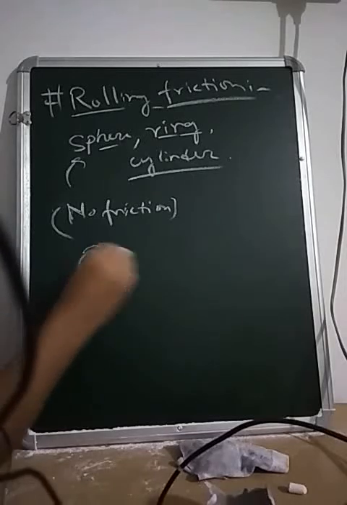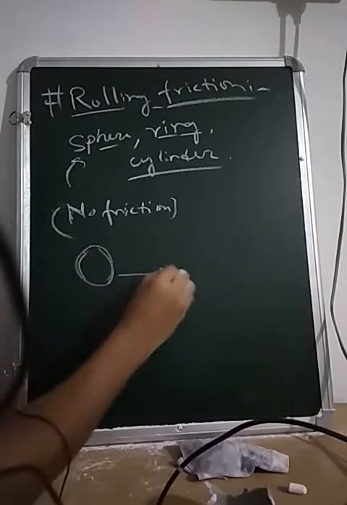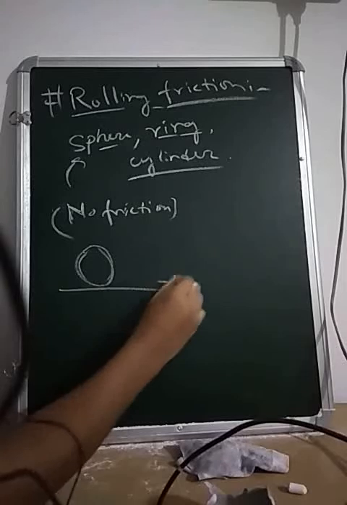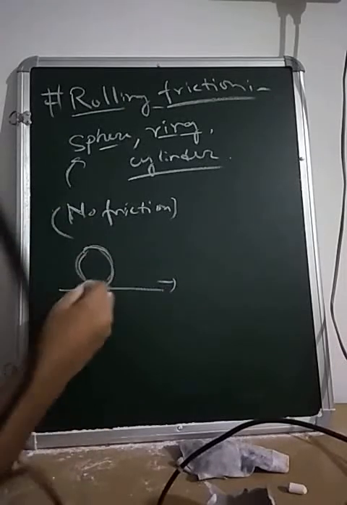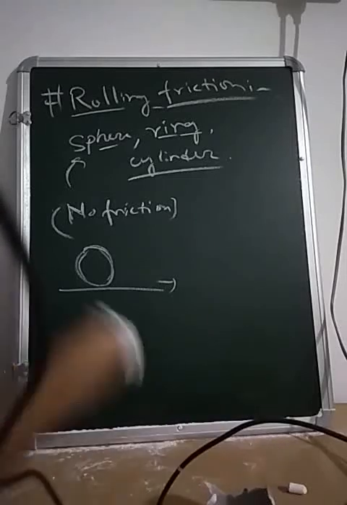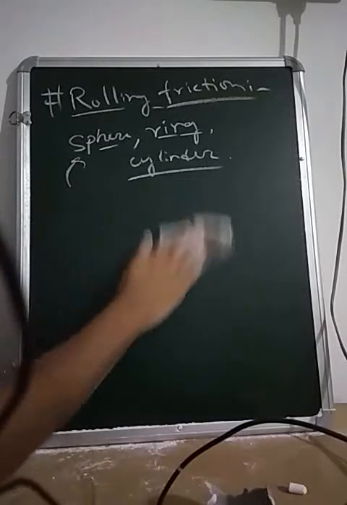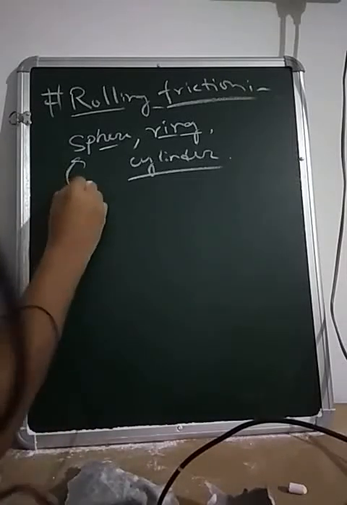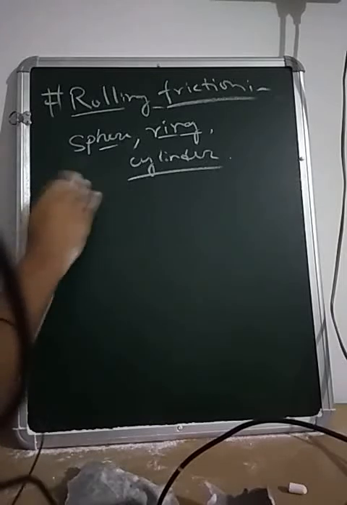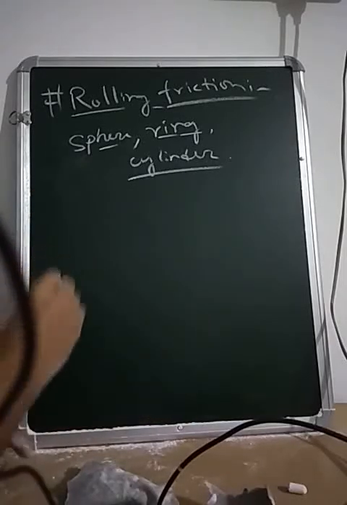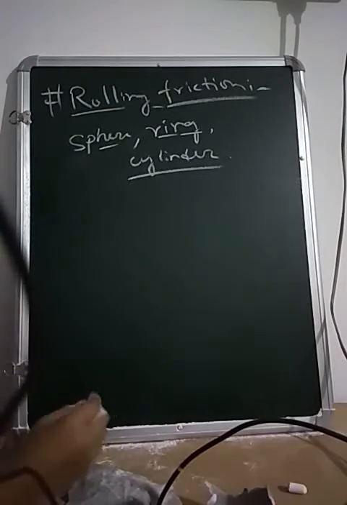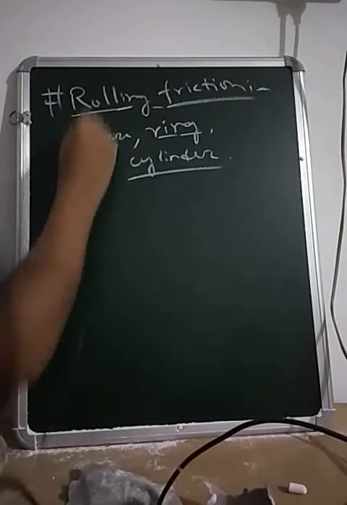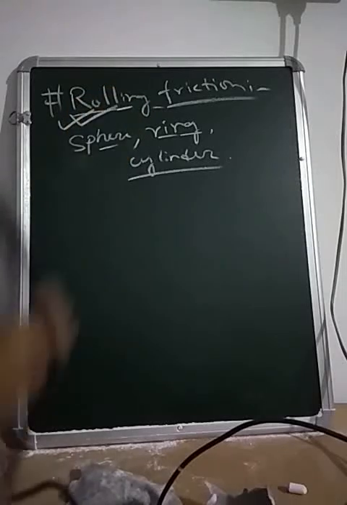A sphere rolling over a surface should not stop without the application of an external force. It should keep moving on the surface, but this does not happen. At a certain point, the sphere, ring or cylinder stops after covering a certain distance. So this is due to rolling friction.